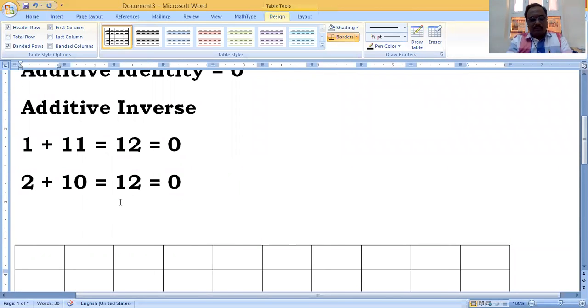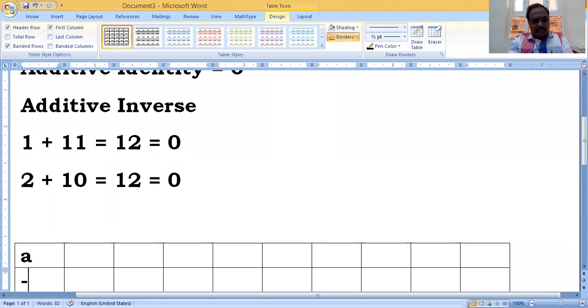You know that very well. For example, I am going to take the number as a, then the additive inverse shall be defined as minus a. What is the additive inverse of 1? 11. So 11 plus 1 is 12. When I take 2, the additive inverse is 10. 10 plus 2 is 12.